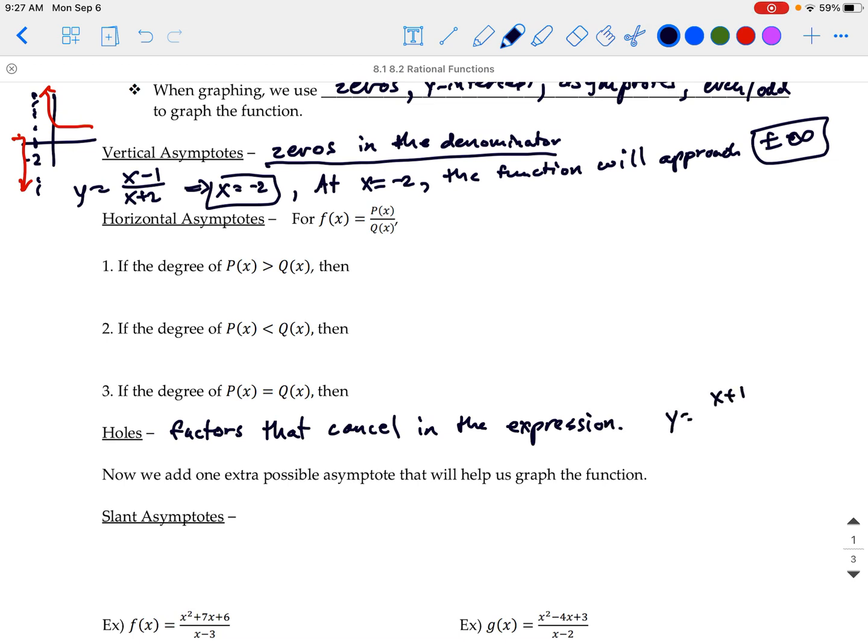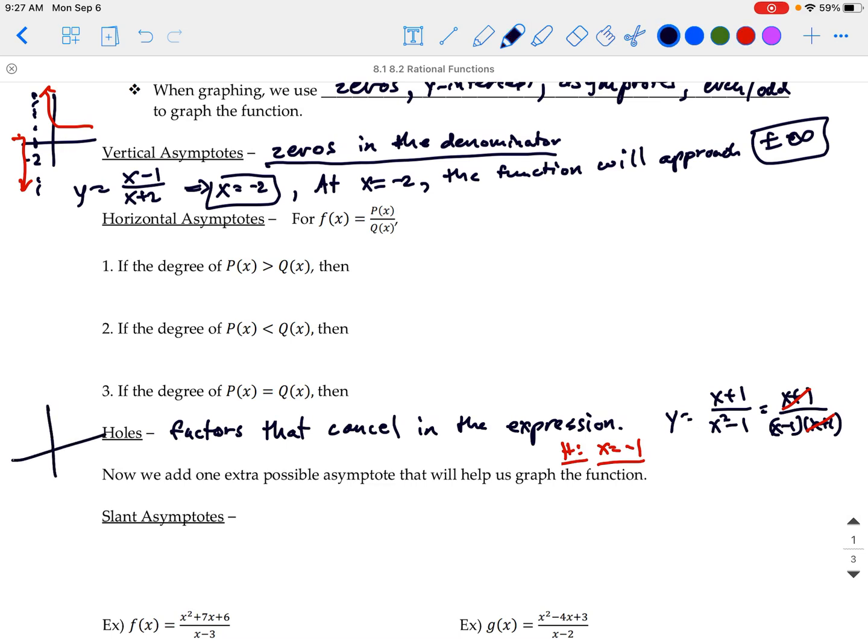So if we had y is equal to x plus 1 over x squared minus 1, we'll factor that as x minus 1 over x plus 1, and those factors will cancel, meaning that there is a hole at x equals negative 1 and a vertical asymptote at x equals 1.